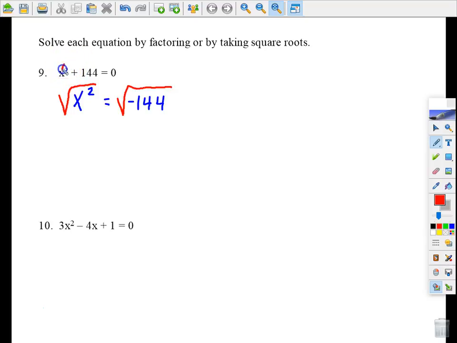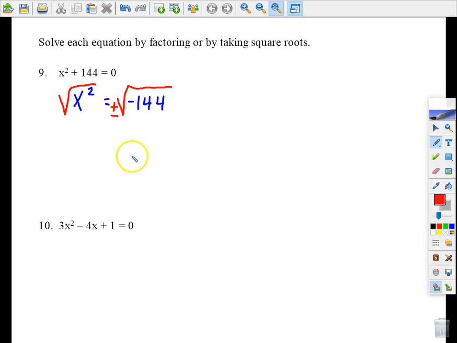Remember, the degree of the polynomial, in this case a second degree, should tell you how many solutions you should be solving for. All right, so I should end up with two solutions. If I don't include plus minus, I'm only going to end up with one solution.